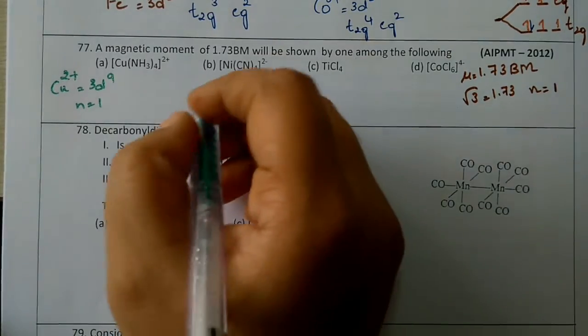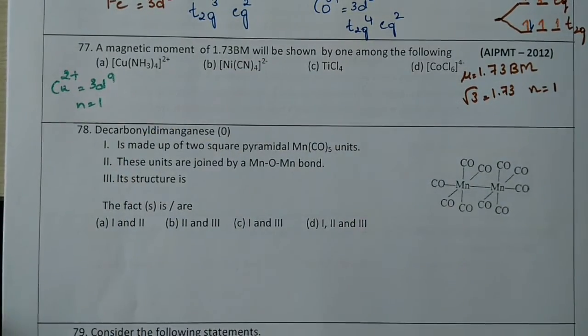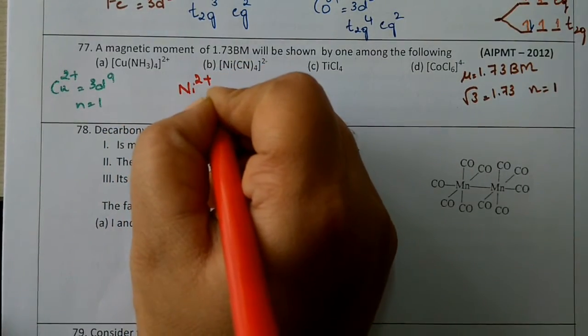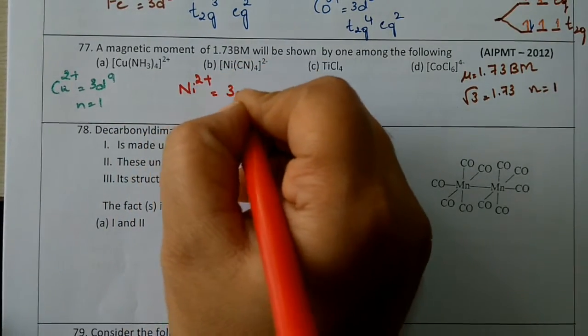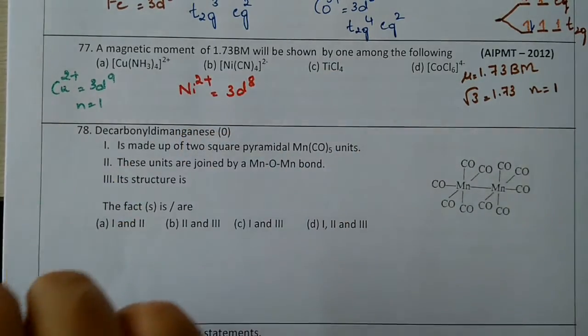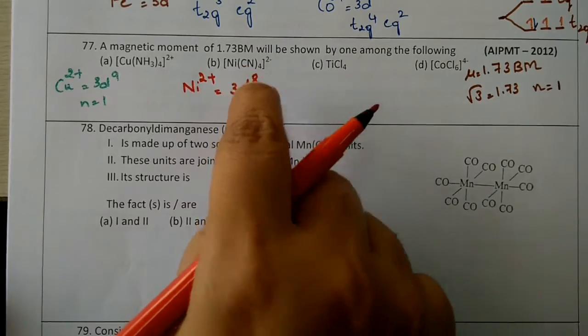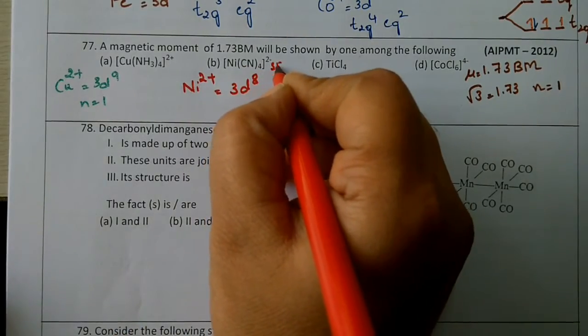Nickel we will consider. So if it is a nickel case, then nickel is in +2 state. Nickel is in +2 state, so that is 3d8. If it is 3d8, we can observe CN is a strong field ligand.